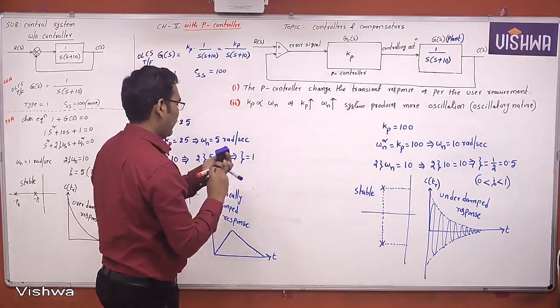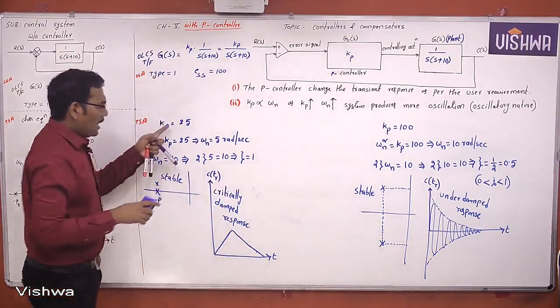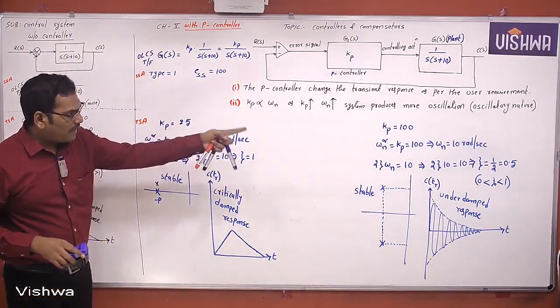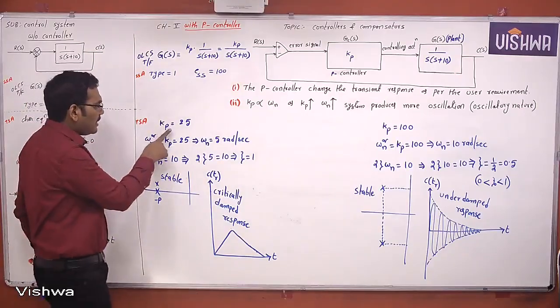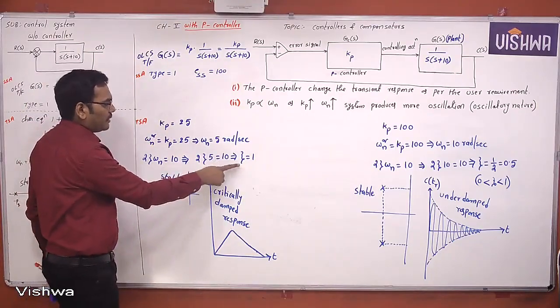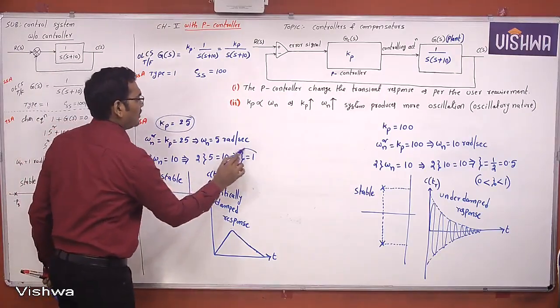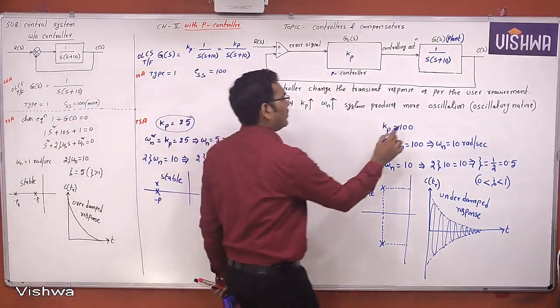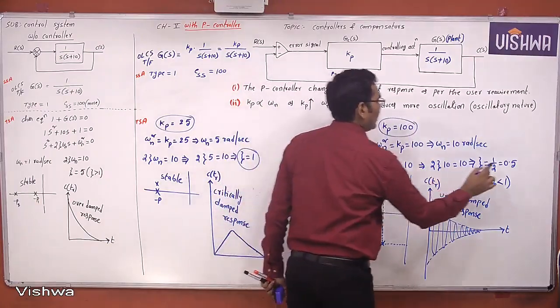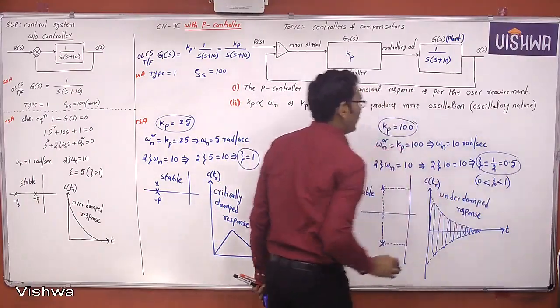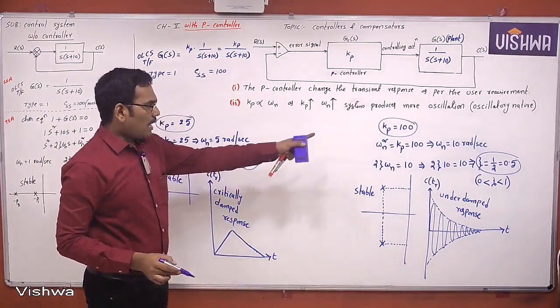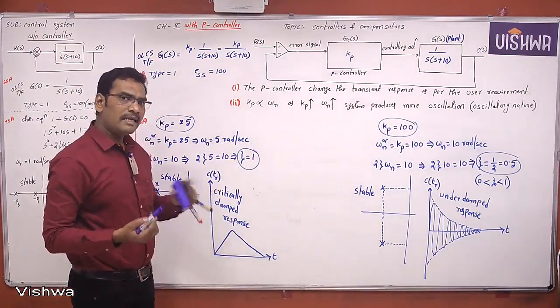So now if you observe, as kp increases, omega n increases. As kp increases, what about the damping factor? See here. Here kp is 25, damping factor is 1. Here kp is 100, damping factor is 0.5. Means what? Now kp and zeta are inversely proportional.